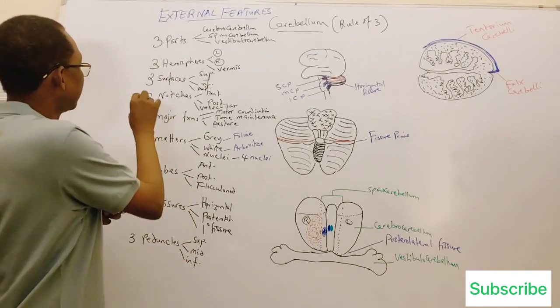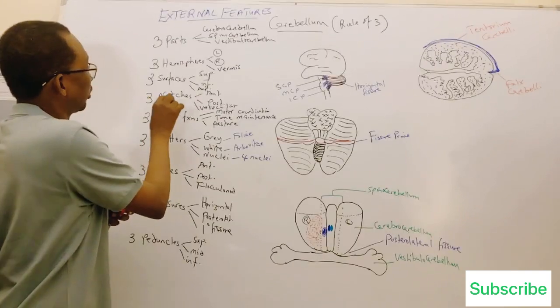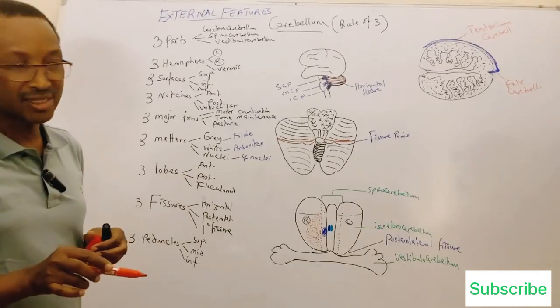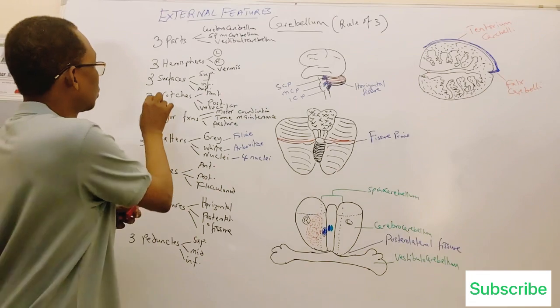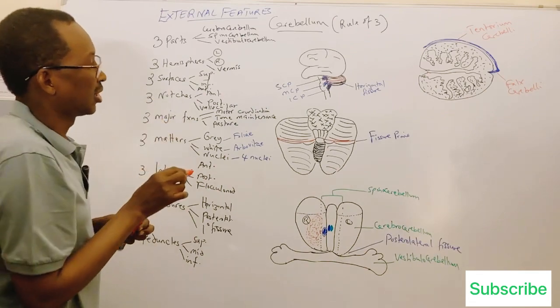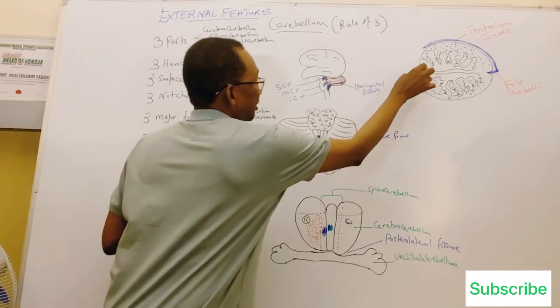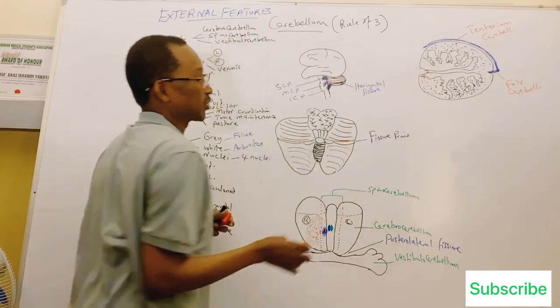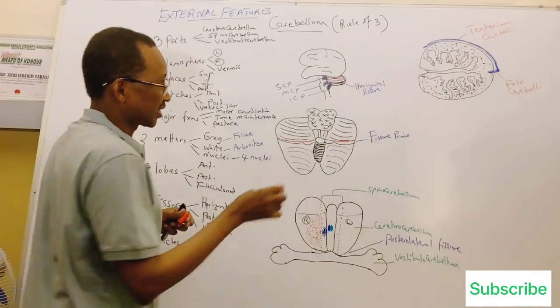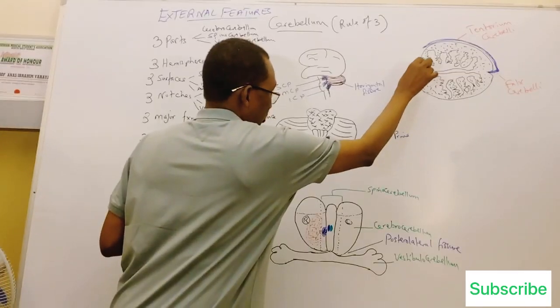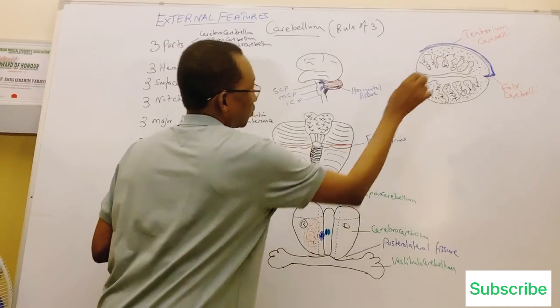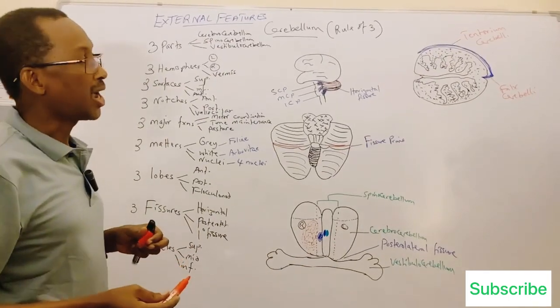The other 3 is the 3 notches that the cerebellum has. Cerebellum has 2 important notches. One lying in the anterior surface of the cerebellum, that is the anterior notch here, which is very shallow as compared to the one in the posterior aspect.